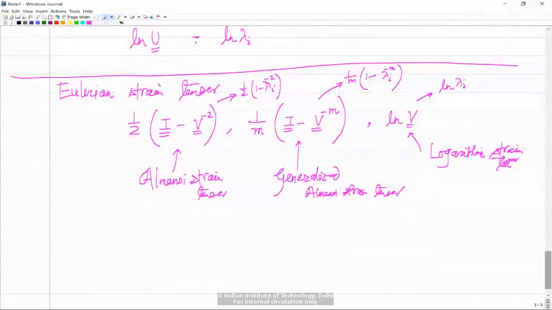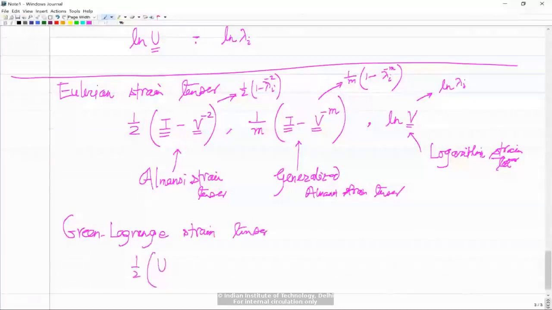For example, one of the popular ones is the Green-Lagrange strain tensor. So the Green-Lagrange strain tensor is half of U squared minus identity, which is the same as half of F transpose F minus identity.